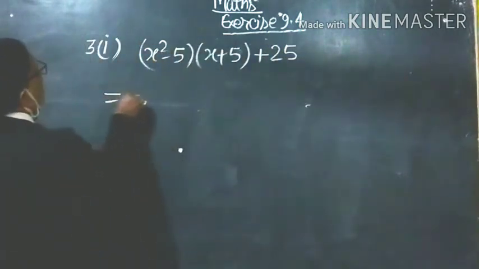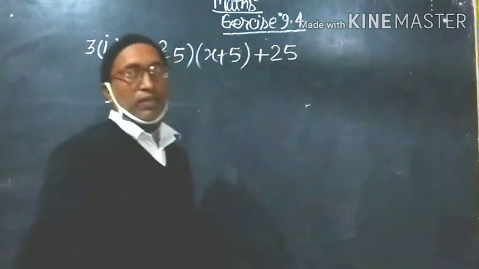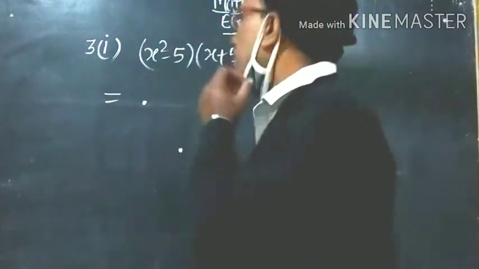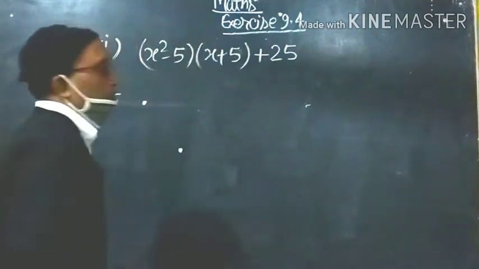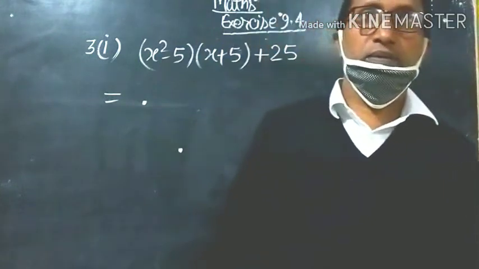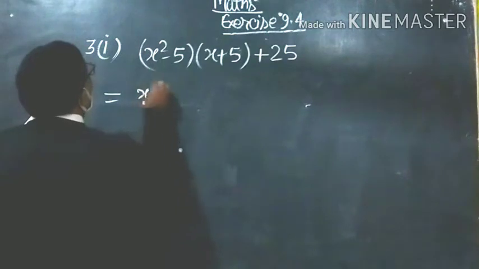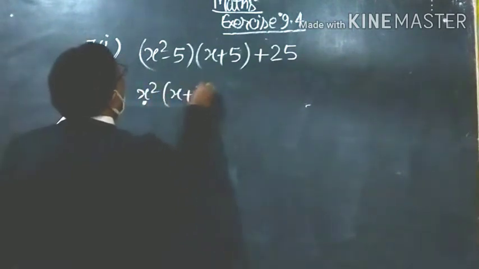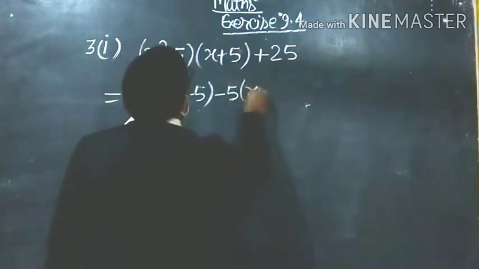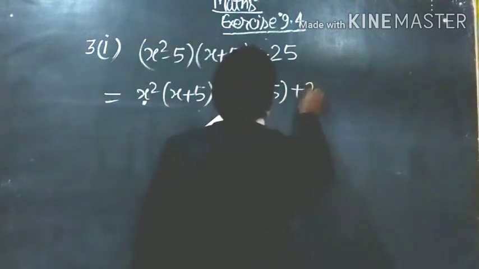In this question, first you multiply these two binomials and this is carried in continued steps, and when there will be like terms, they will be added together. If there are no like terms, they will not be added together. You multiply x square into x plus 5, then you multiply minus 5 into x plus 5 plus 25.